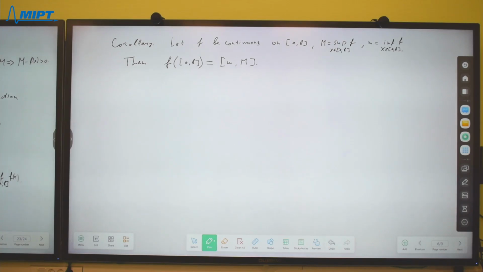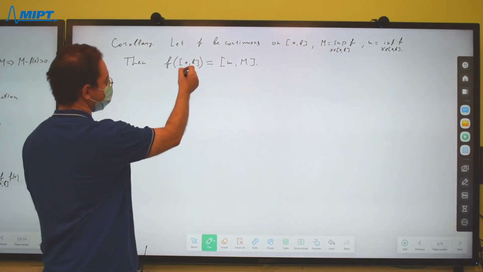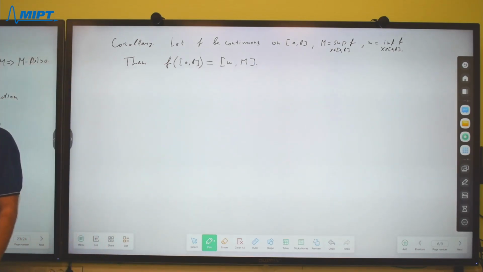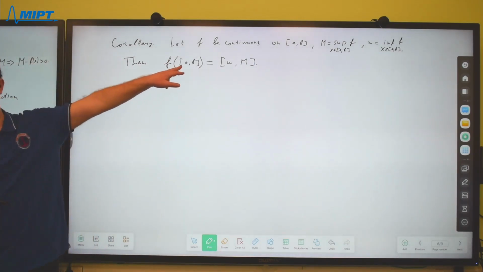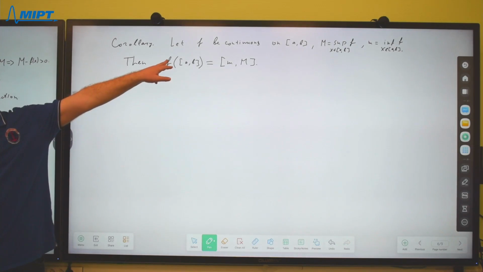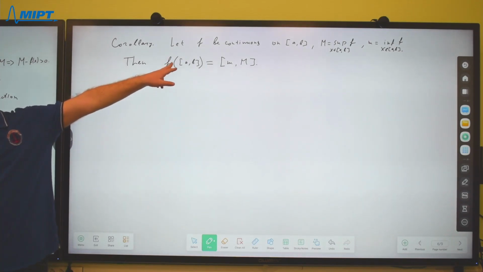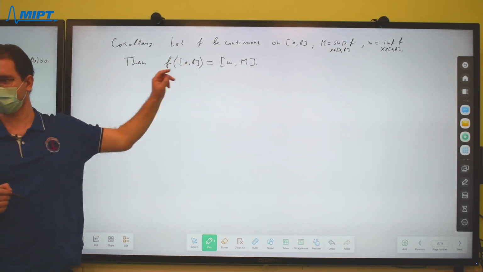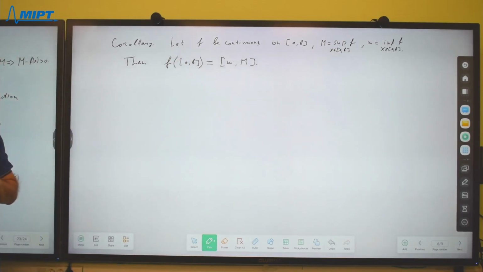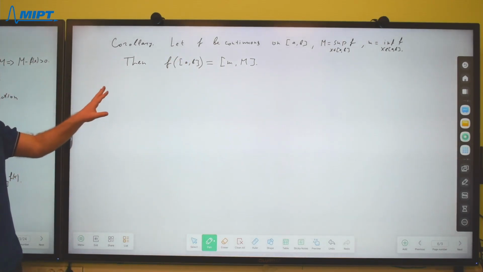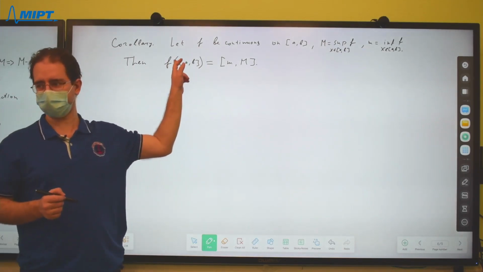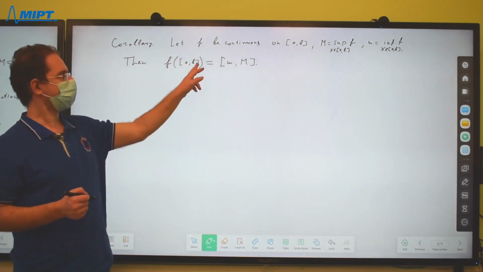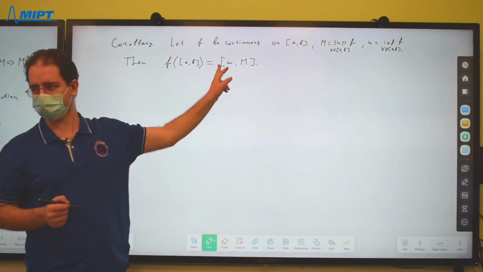Once again? Which one is the set? This set from a to b. For example, in my case, this is an interval from a to b. So basically, this means a set of all values that my function assumes on this closed interval. And my statement is that this set of values is exactly a closed interval from small m to capital M.